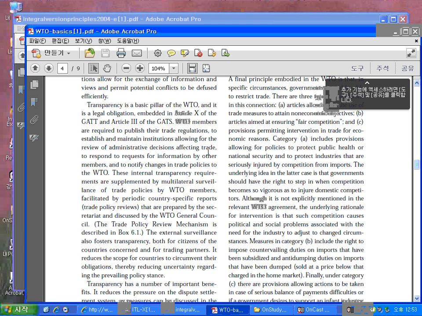So the nation state is an actor to intervene, but within the regulatory scheme of the WTO, so they are expected not to be repugnant to the WTO multilateral trade agreements.